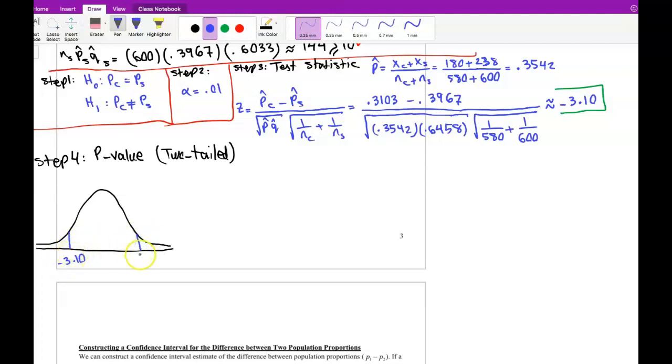So that is on left, and since I have two tails, I have this part too. So this is positive 3.10. So p-value is the sum of area of these two tails.